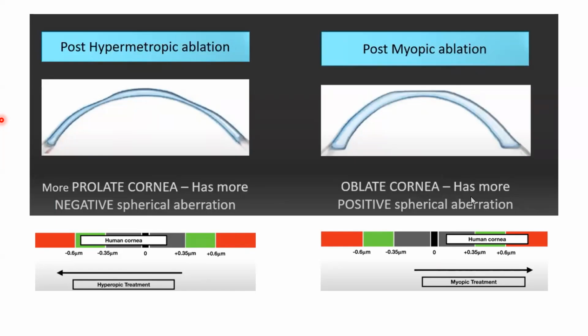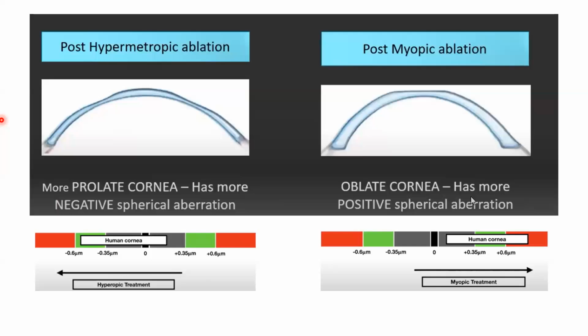Tecnis also, and the natural lenses, like the spherical lenses such as the SensAR, will have positive spherical aberration. Bausch and Lomb makes the aberration-free lenses, which have zero aberration. So what will the zero-aberration lens have as far as spherical aberration and the Q value are concerned? Will you be covering that in your talk? Yes, sir, I'm covering negative SA IOLs, positive SA IOLs, and zero SA IOLs.